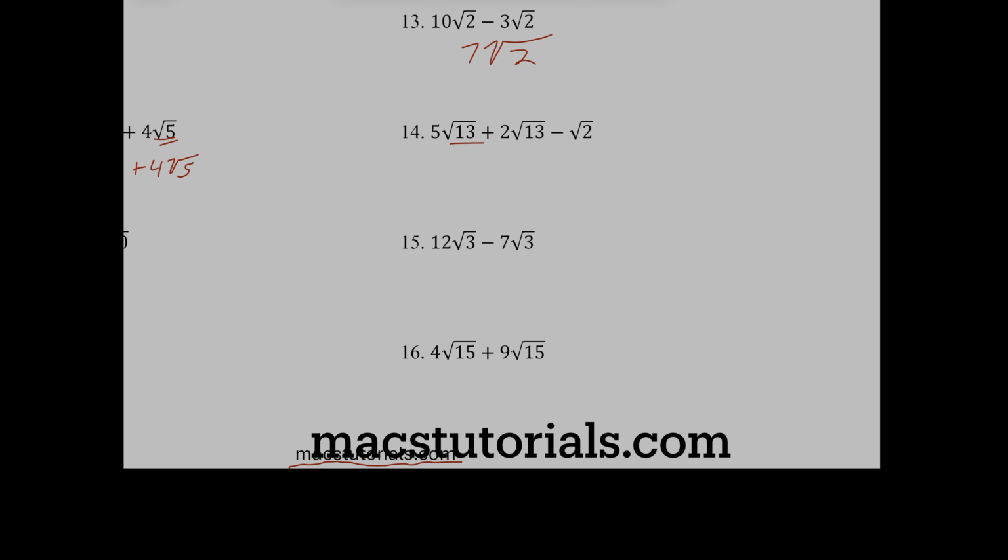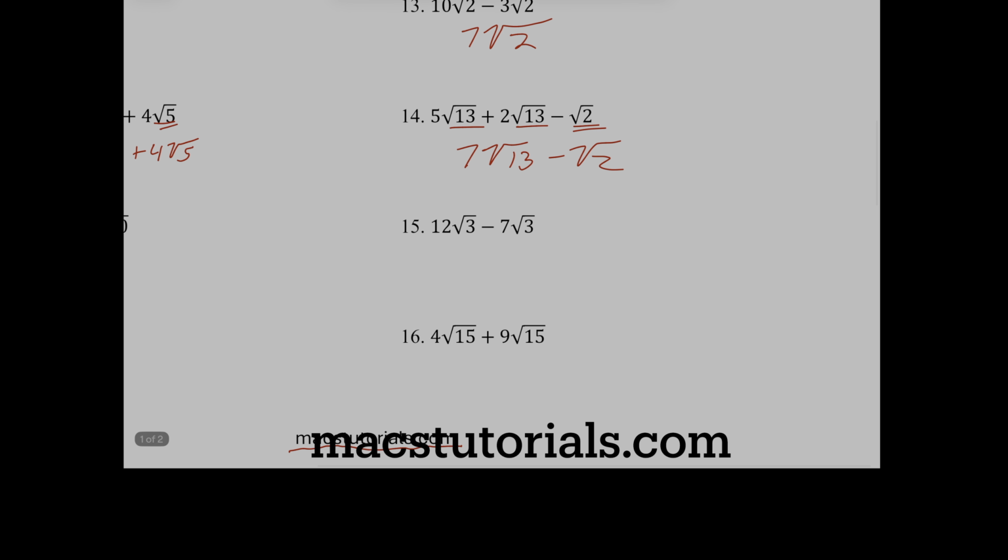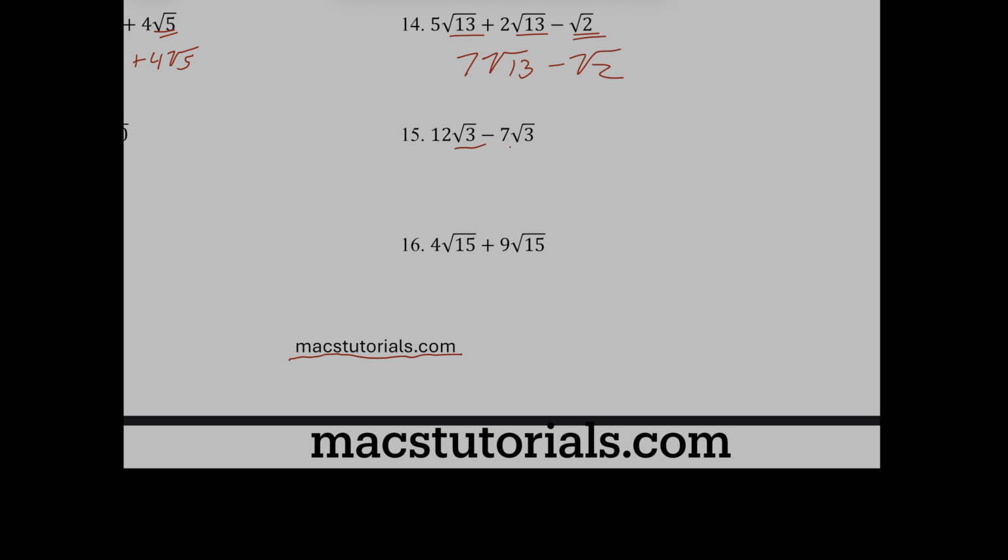Number 14, different. That's going to be 7 root 13 minus the radical 2. Number 15, I have the same radicals, so I'm just going to do the numbers, which is 5 radical 3. And last one, hey, look, they're the same, so I'm going to go 13 radical 15. I can't break down radical 15, and oh my goodness, I am already done.